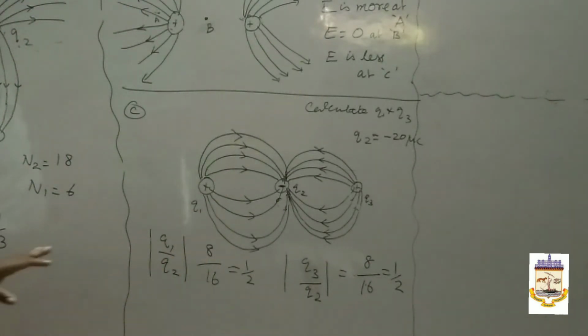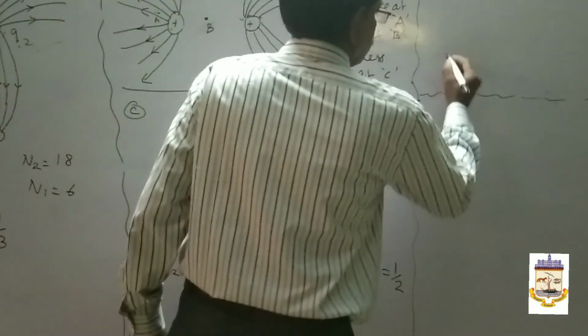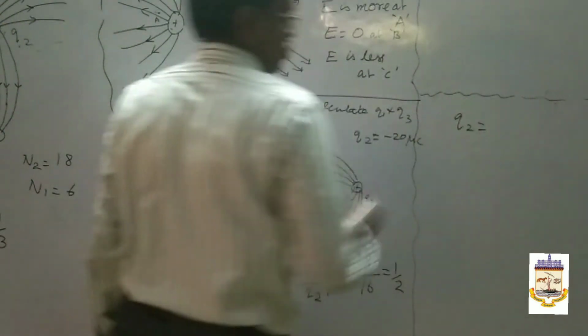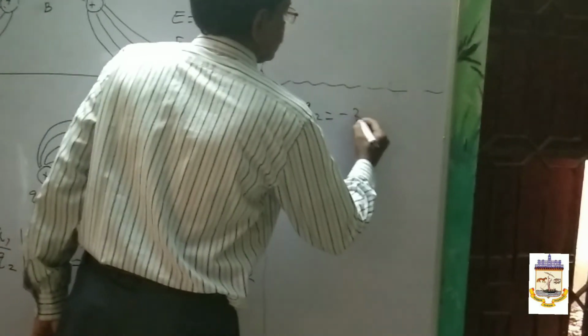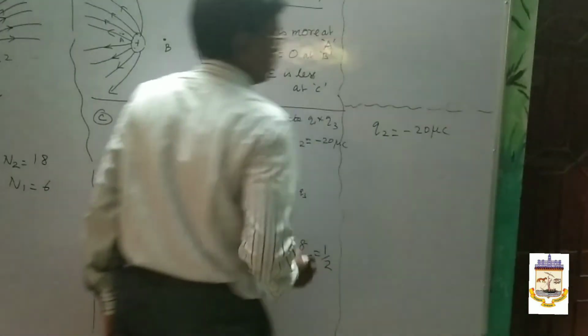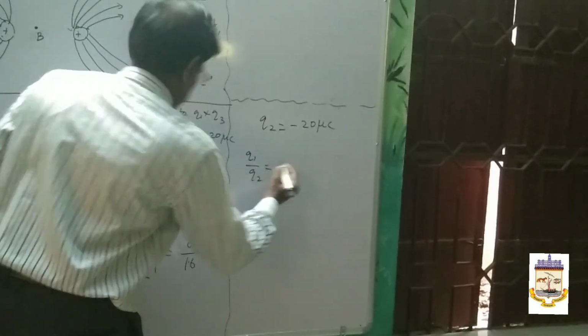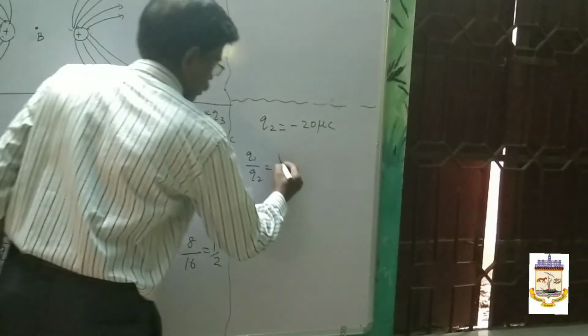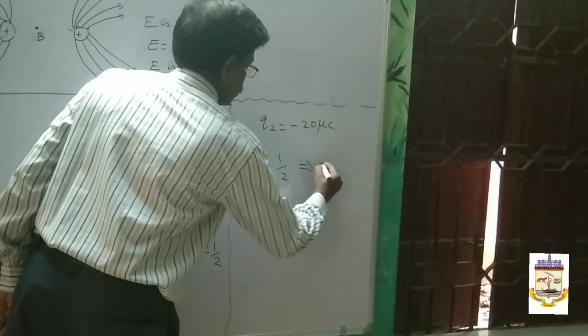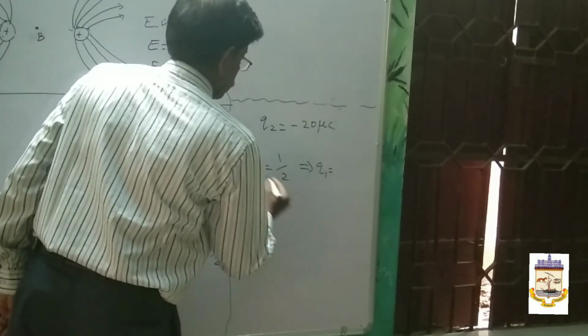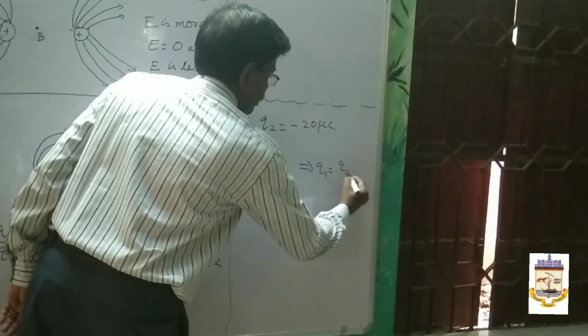See, now we are getting the answer. We know that Q2 is minus 20 microcoulomb, the given value. So Q1 by Q2 equal to 1 by 2. This implies Q1 equal to Q2 by 2.